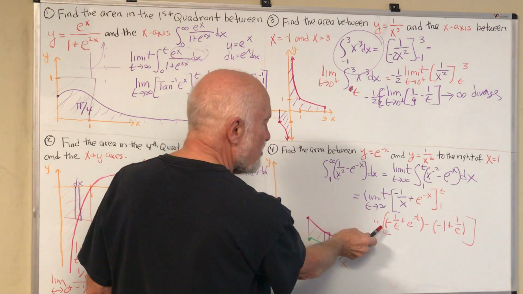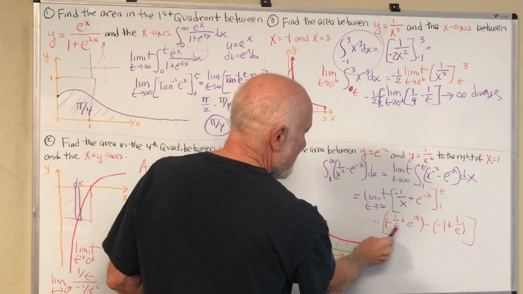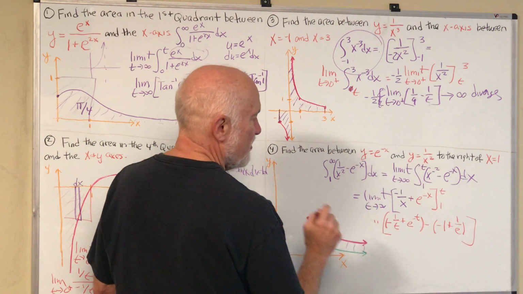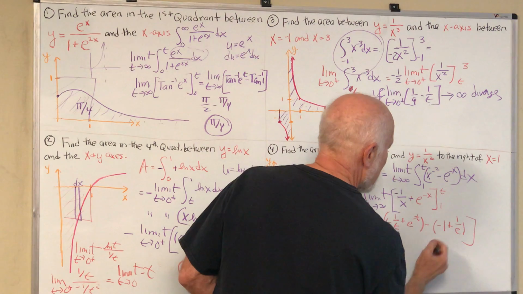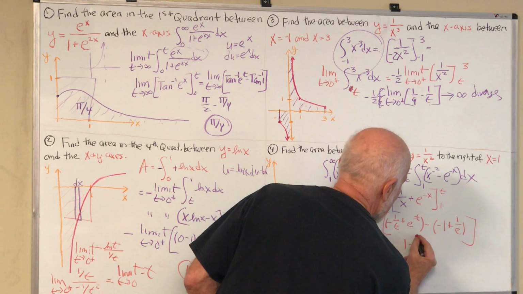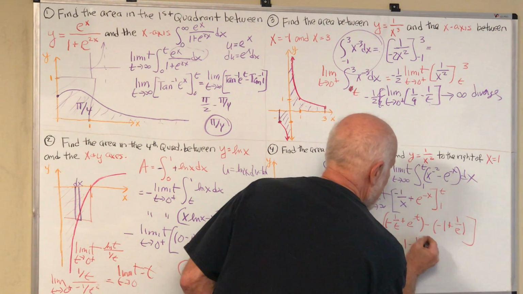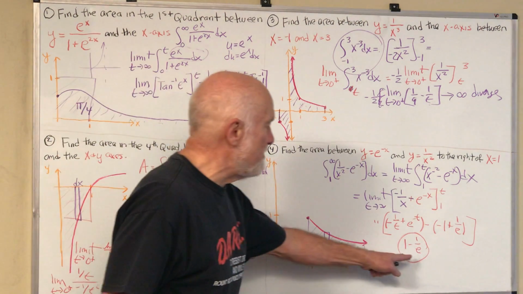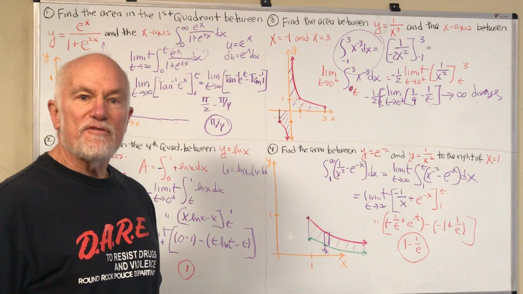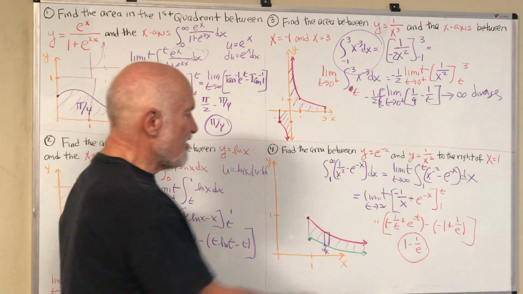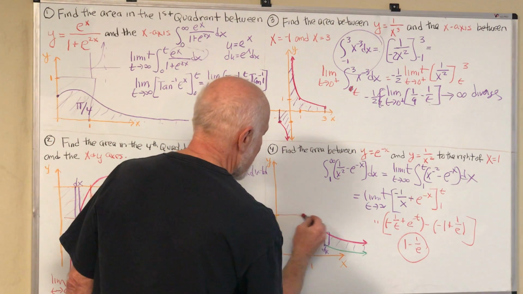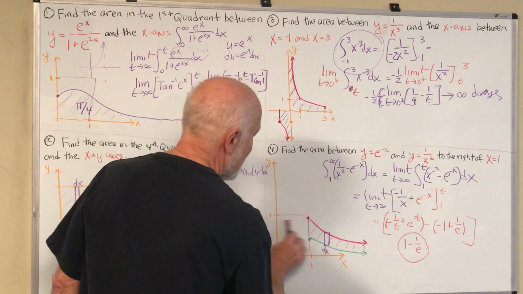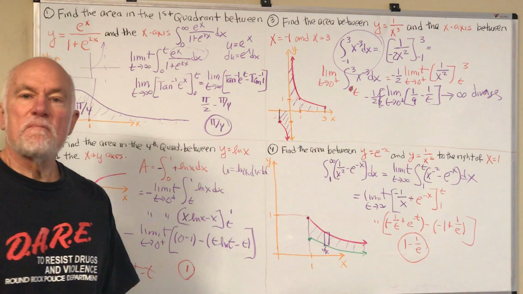Now as t approaches infinity, that's going to go to 0, and that's going to go to 0. So the answer is just going to be 1 minus 1 over e. A pretty small area. If you think of 1 over e as being between about 1/2 and 1/3, this is less than 1 square unit. The area in between here, all the way out to infinity, is less than this.